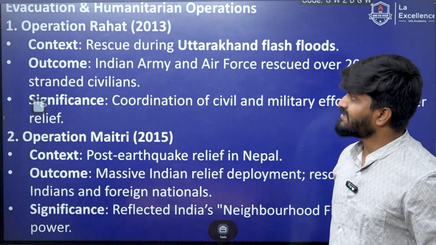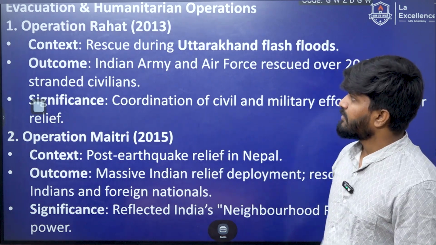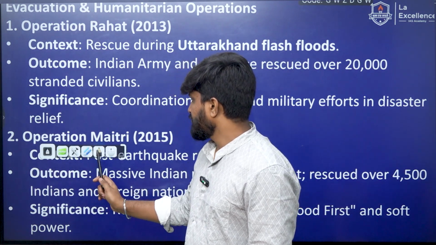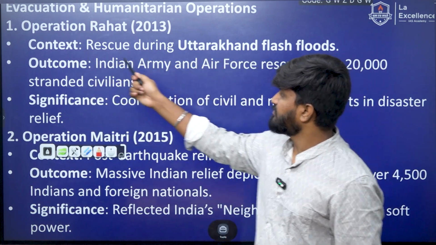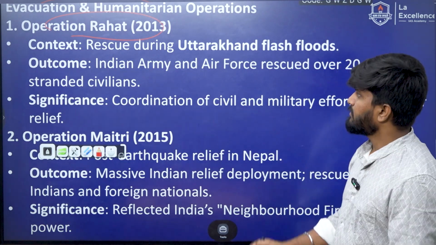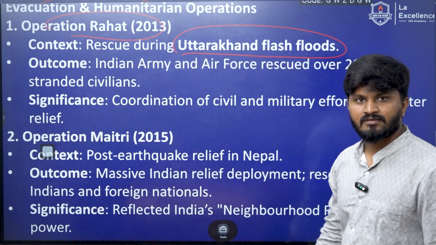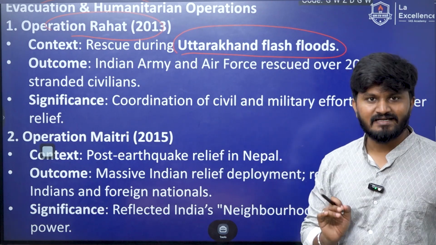So the recent humanitarian and evacuation operations of India, the first operation which is very significant is Operation Rahat. It was the rescue during Uttarakhand flash floods. Okay, need to know why the operation was conducted.